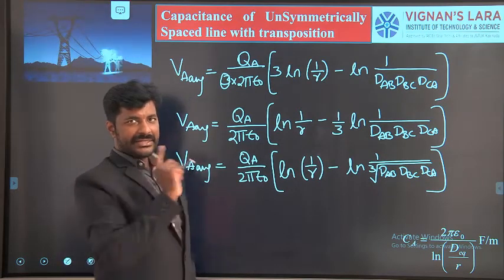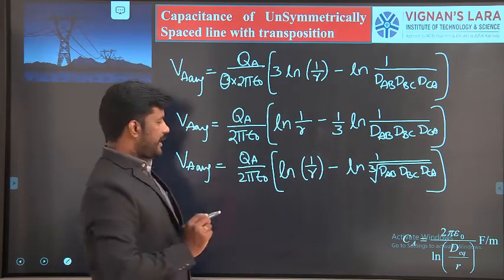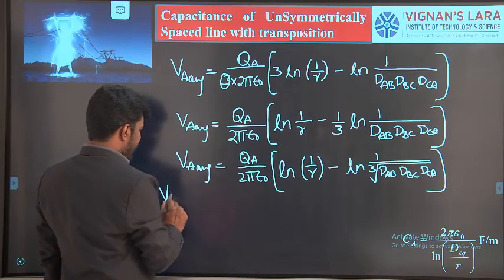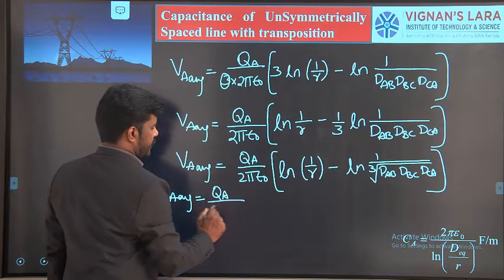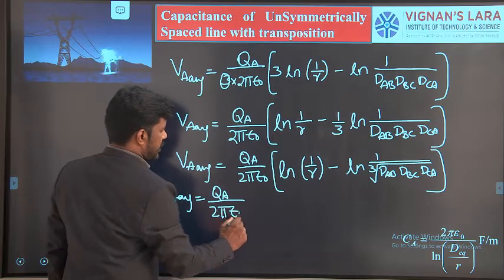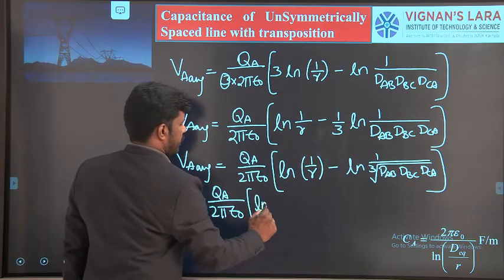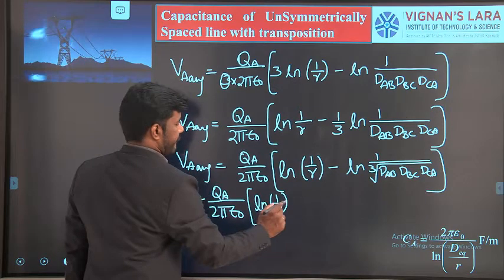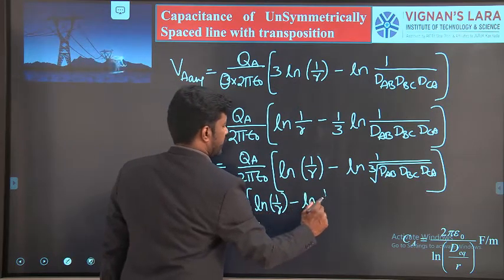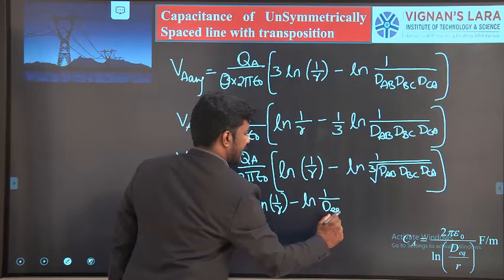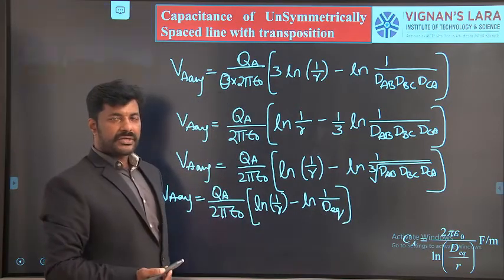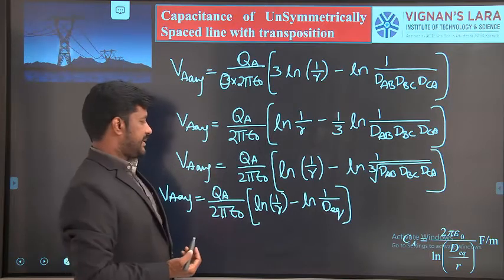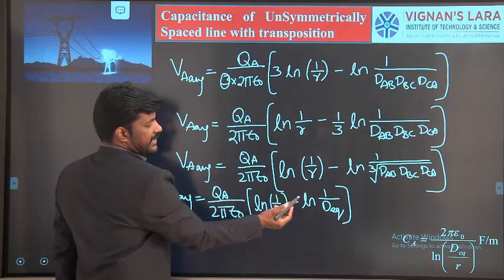In our inductances also we defined that. Then you can write VA average is equal to QA by 2 pi epsilon naught of ln of 1 by r minus ln of 1 by D equivalent, where D equivalent is the cube root of the product of the possible 3 distances. It is in the form of ln of A minus ln of B.